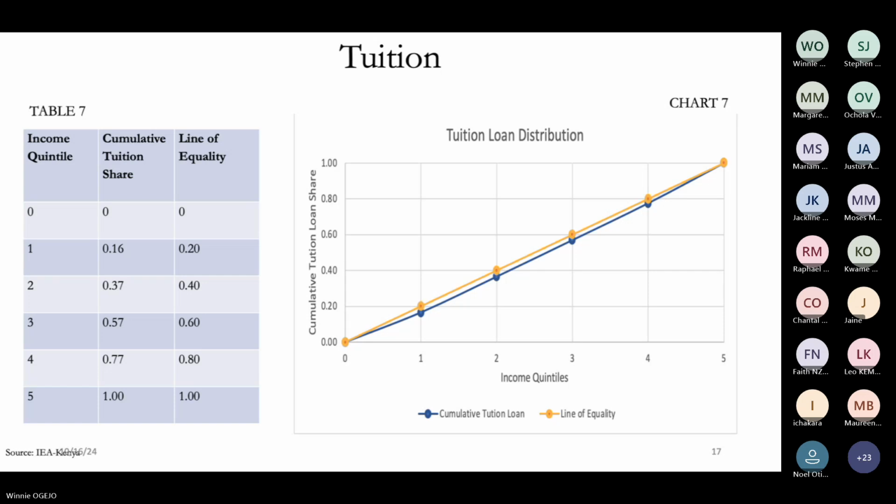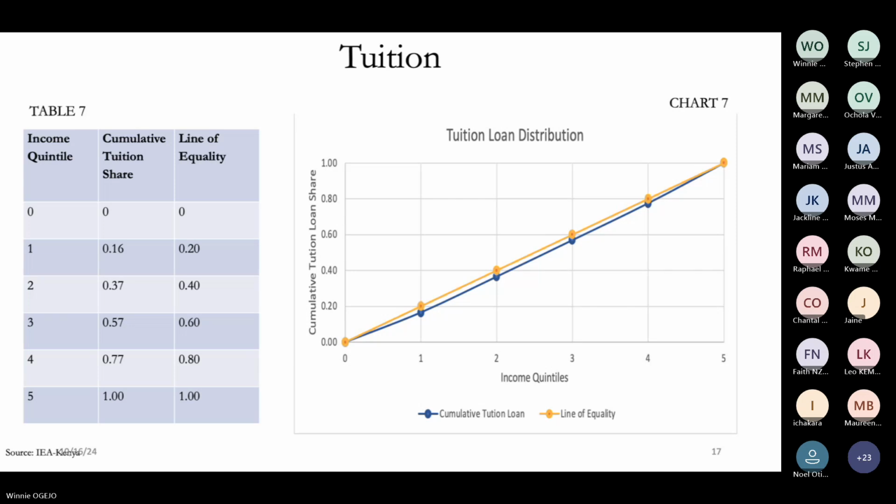So remember, my colleagues have stated repeatedly that we had 112,000 students distributed in 5 different bands. But we regrouped them into 5 equal income quintiles so that we have an equal number of students per quintile.